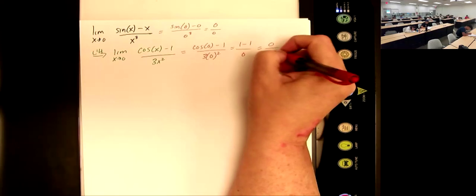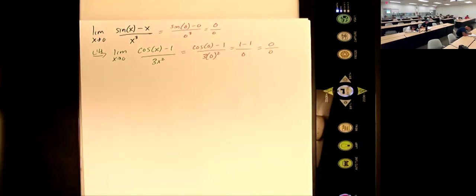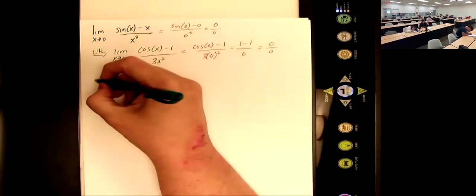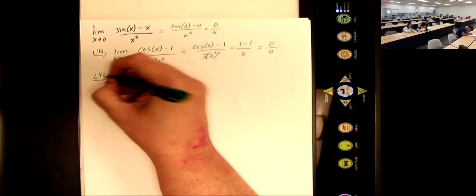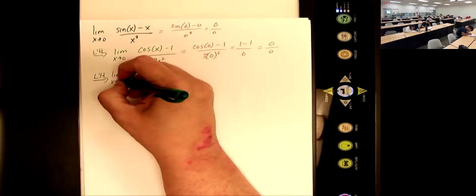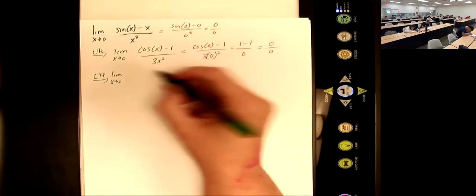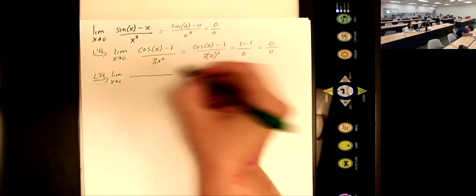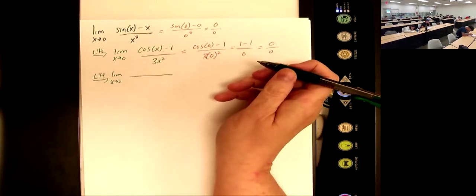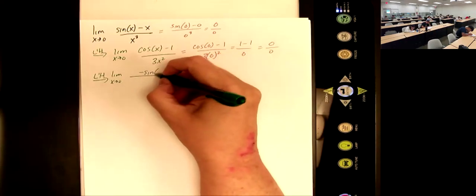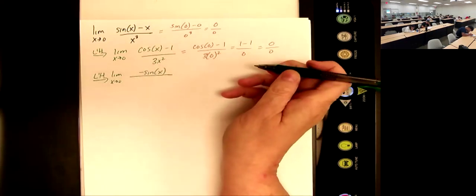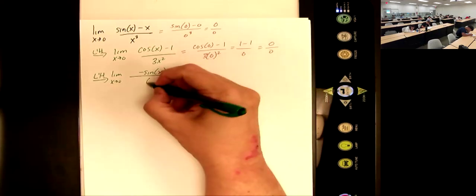This is still 0 over 0. So let's do it again. What's the derivative of the top now? Negative sine x. What's the derivative of the bottom? 6x.